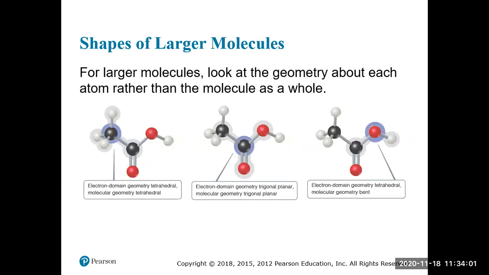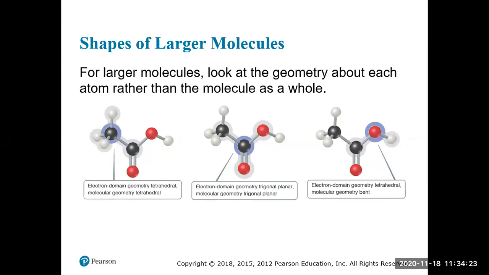The reality is that most molecules are bigger than that. So how do we figure out shapes of those? The way we do that is we look at each central atom in that molecule and determine what the shape is of each of those, and then it gets assembled together.